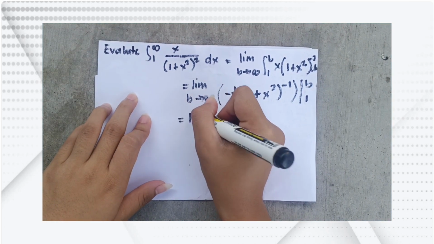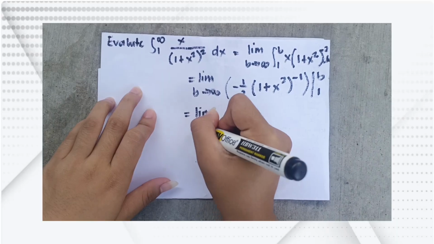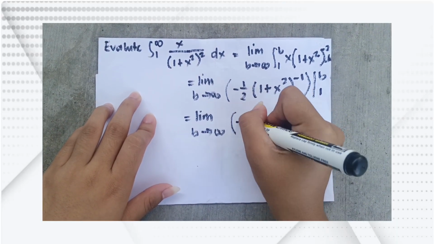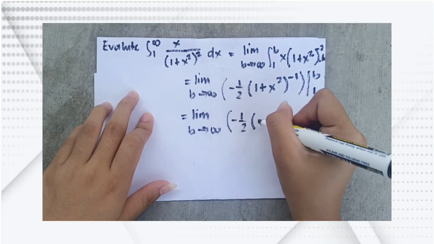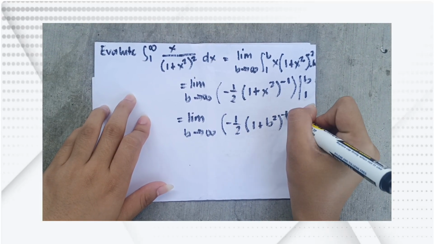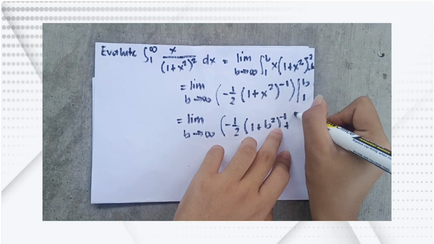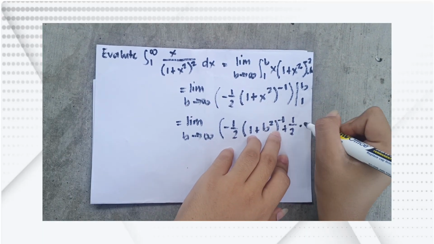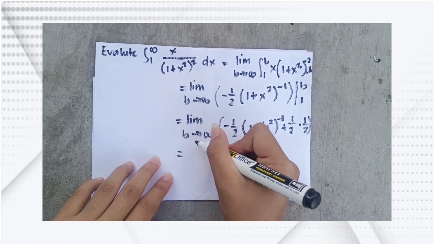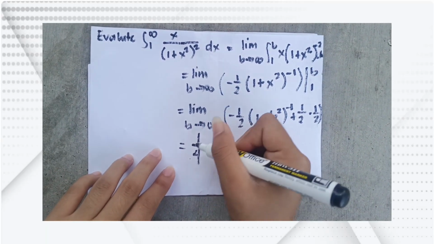This is equal to the limit as b approaches infinity of negative 1/2 times 1 plus b squared raised to negative 1, plus 1/2 times 1/2, which is equal to 1/3.